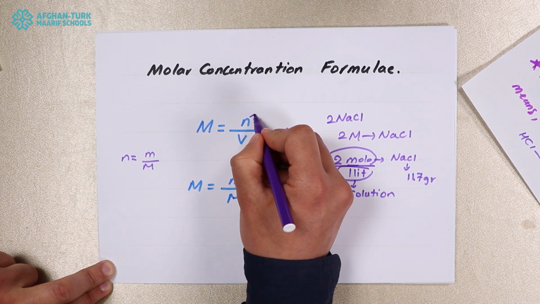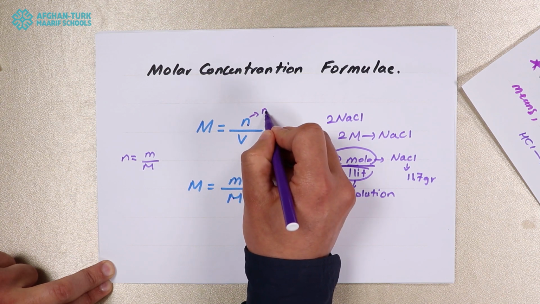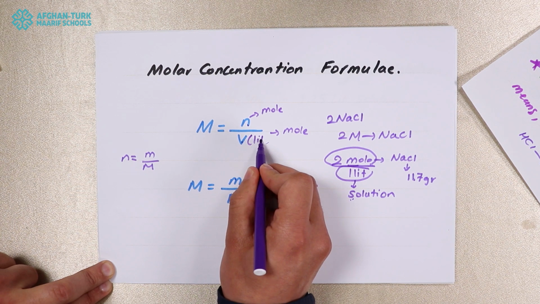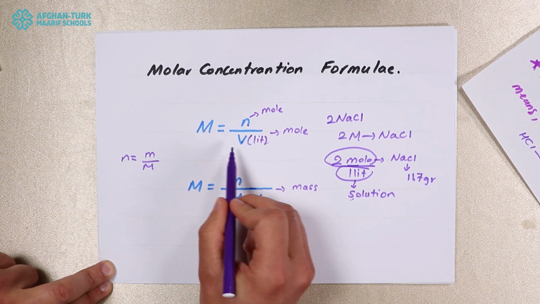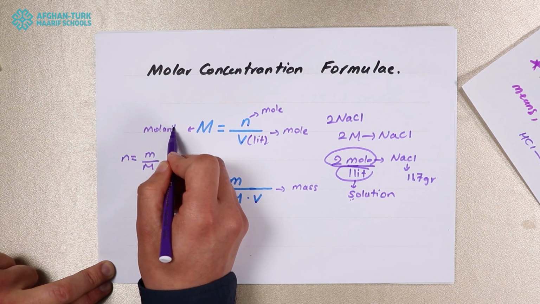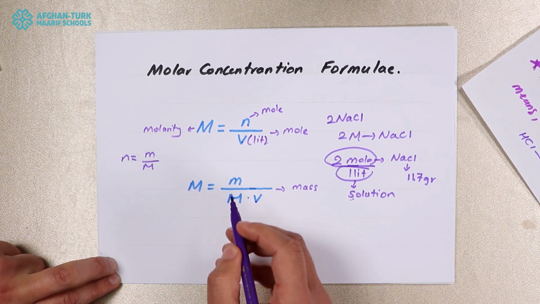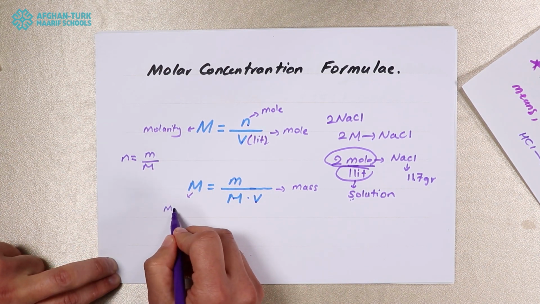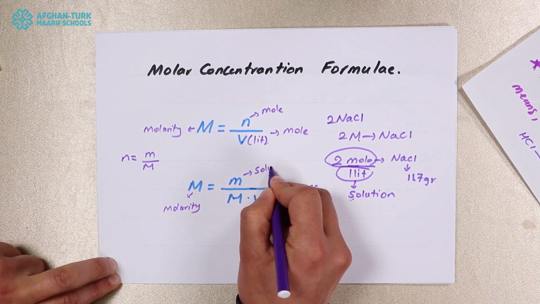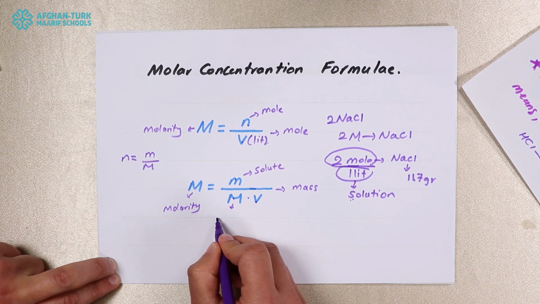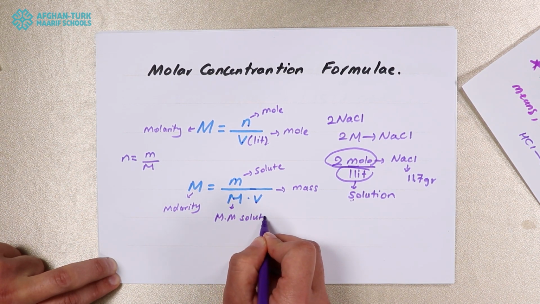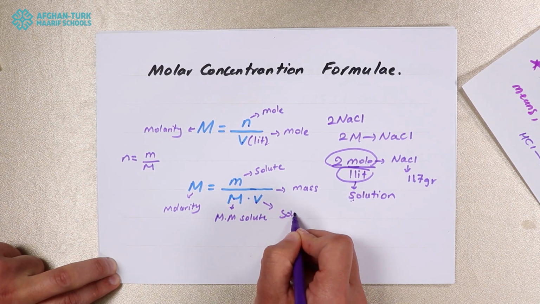I should write here that the unit of n is mole and the unit of V should be liter, 100% liter. It shows the molarity. M is the mass of solute, and this one is the molar mass of solute, and V is the volume of solution.